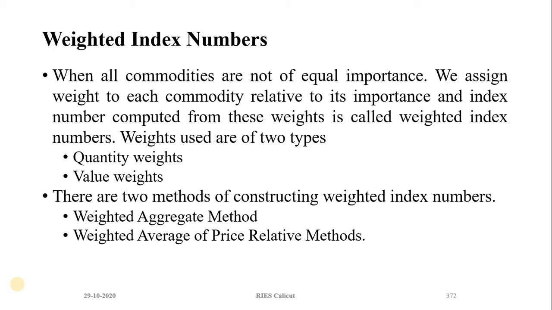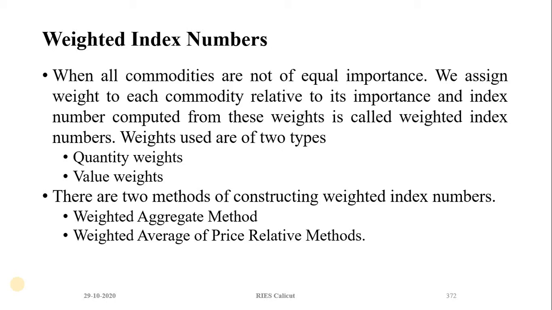In an unweighted index number, we treat all the commodities as of equal importance, without considering their relative importance in a commodity basket.